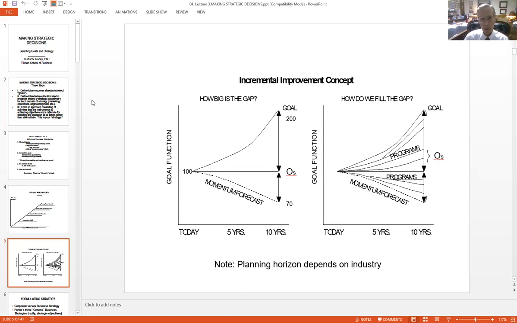Usually we were able, management's not too keen on bailing out. So usually we were able to come up with the projects and programs that were required to fill that gap. And those projects and programs were the substance of the strategic plan. In a strategic plan, you've got about this much for goals and strategy, and this much for projects and programs.